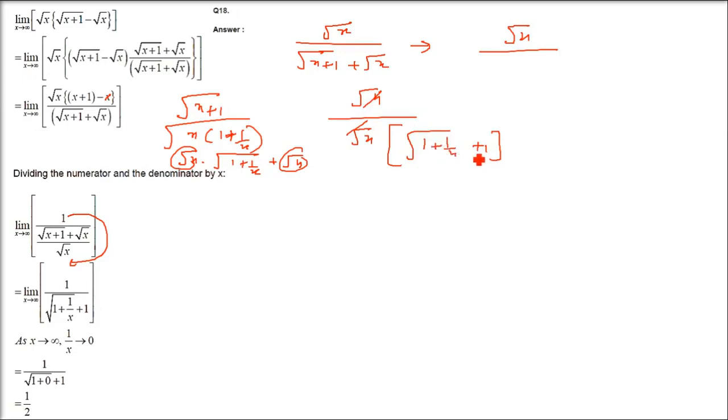So we have 1 by (root of (1 plus 1 by x) plus 1). Now let's apply the limit. Anything by infinity is going to be 0, because infinity is a very big number which we don't know. So 1 by (root of 1 plus 1): root 1 is 1, and 1 plus 1 is 2. So 1 by 2 is the answer here.